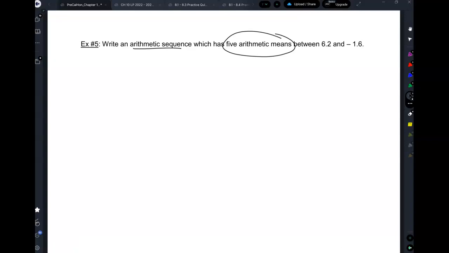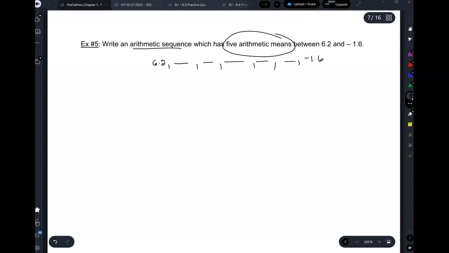So what we have to do is, here's the sequence: 6.2, 5 new numbers, 1, 2, 3, 4, 5, and then it's negative 1.6. So we have to find all of those numbers. We first need to find D, and then we can figure it out. So what's A1 here? 6.2.